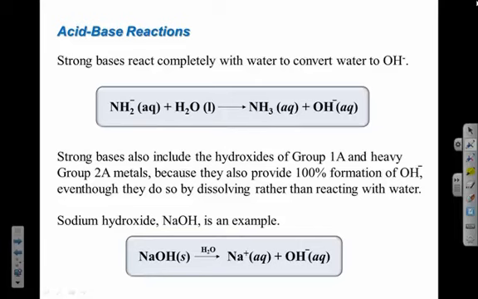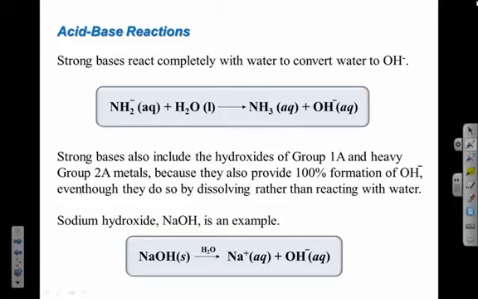NH2 negative is a less stable negative charge than an OH negative, because oxygen with the negative has one proton more than nitrogen does. So it can pull electrons in, bring them close to the nucleus, and make them more stable. And so if I have an unstable negative, that will be very likely to grab an H plus from the water and become more stable.